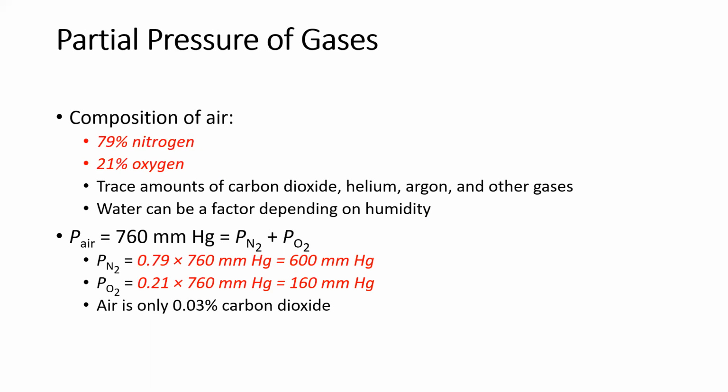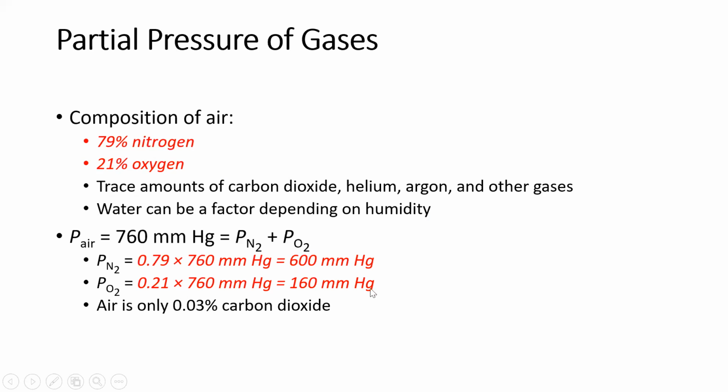Water also has its own partial pressure. And we'll talk about coming up that we need to take into account the partial pressure of water when we think about humidified air or air that has additional moisture to it, which becomes really important as we think about the conducting zone. The conducting zone adds some moisture to our air, and by extension, it's actually going to change the composition of air because we have to account for the partial pressure of water as well.